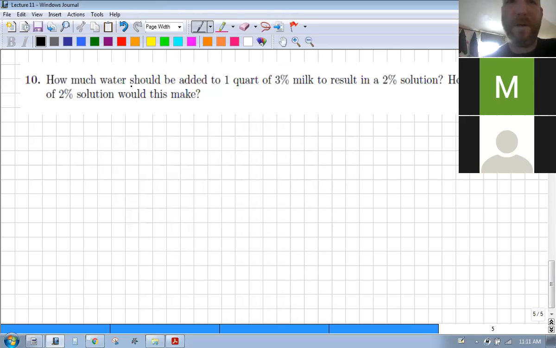All right, so let's see. How much water should be added? So water would have a concentration of 0. It looks like we don't know what V1 is, but its concentration is 0% milk. And it looks like 1 quart of 3% milk. Our V2 here is 1 quart and its concentration is 3%.